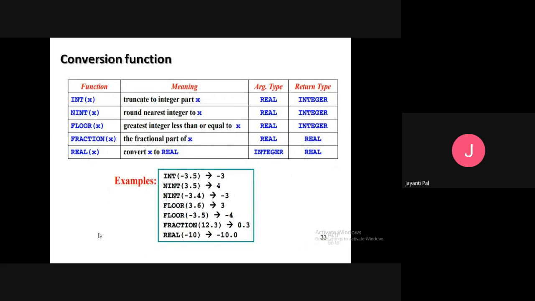Another one is the conversion function, because using these functions you can convert real to integer, integer to real. You can also find different parts or sections of any particular number. The first function is int(x).